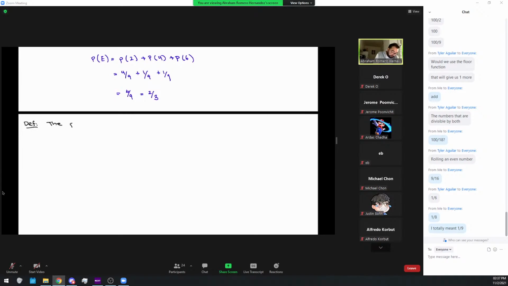The probability of the event E is the sum of the probabilities of the outcomes in E. That is, P of E is equal to the summation over s belonging to E of P of s.